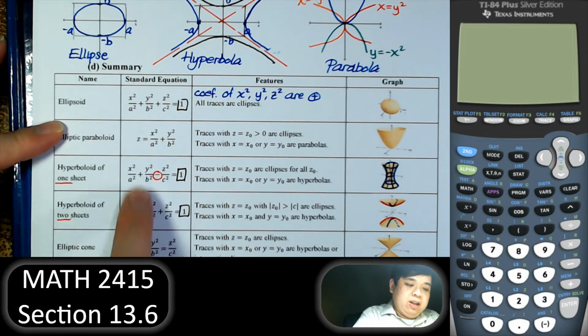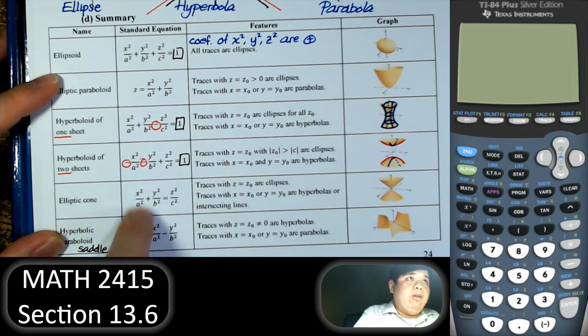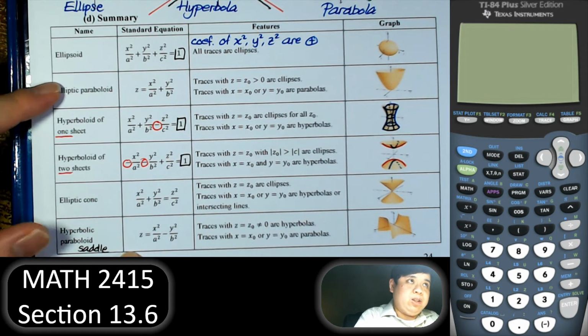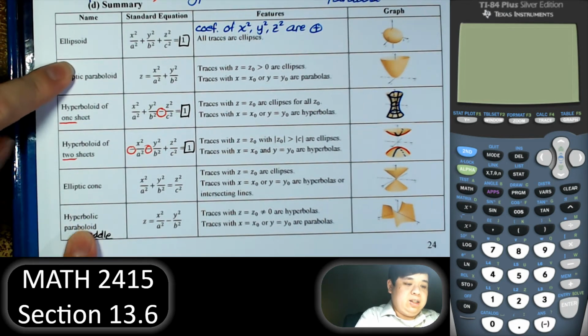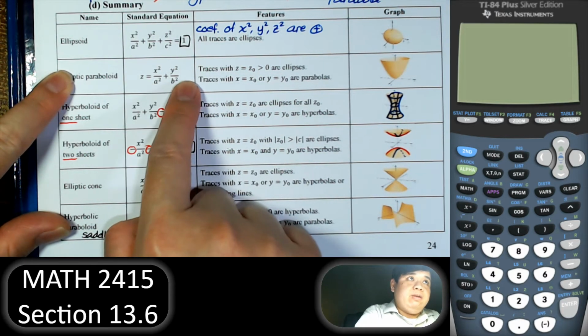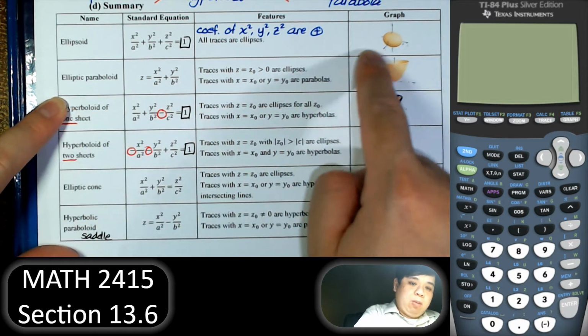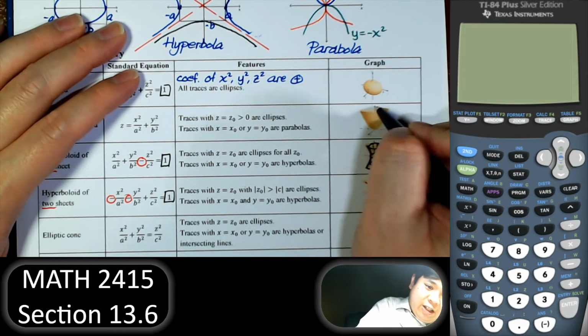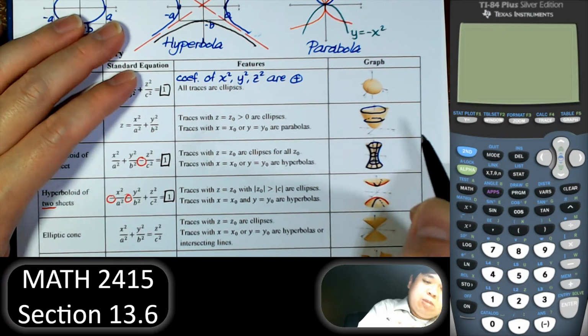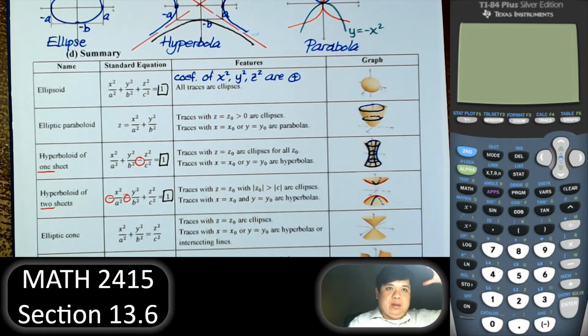If we have a variable z instead of z squared, that is a paraboloid. Both of them positive, elliptic paraboloid. So we have ellipses traced in the paraboloid.